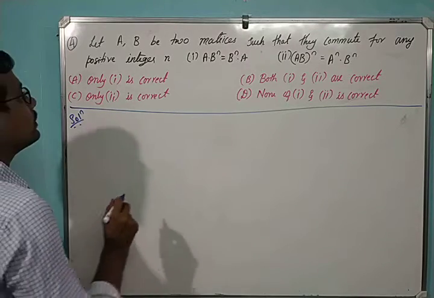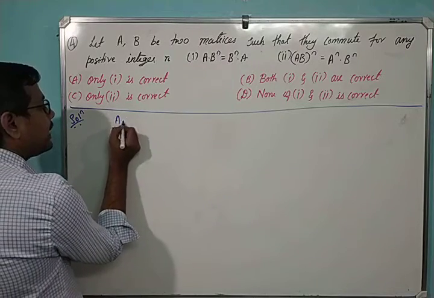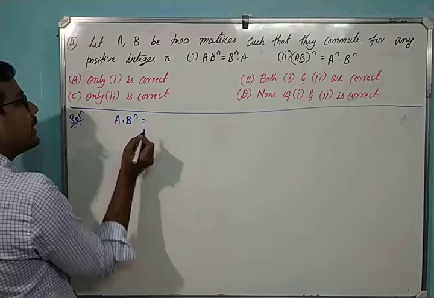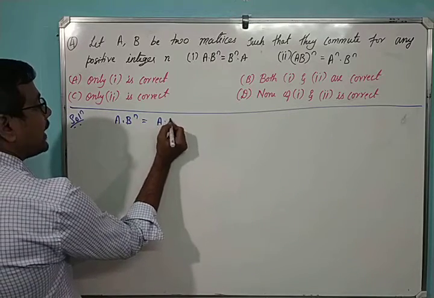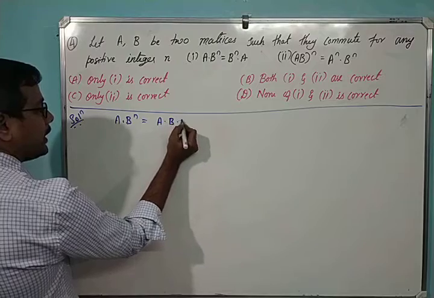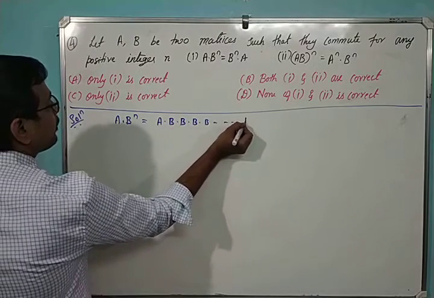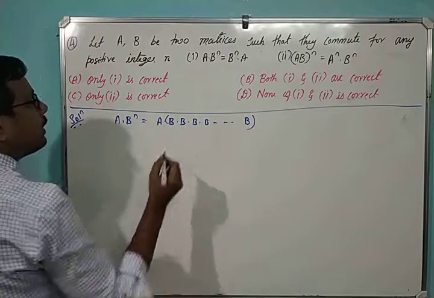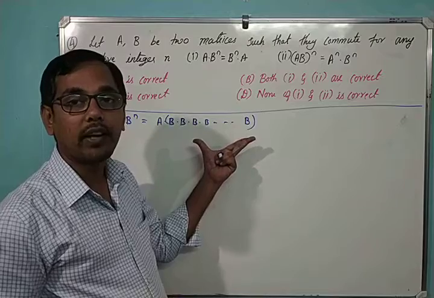Okay, now what is this? A into B to the power n can be written as A into B into B into B into B, so on up to B. So what is this, so on up to B? It is up to the power n.